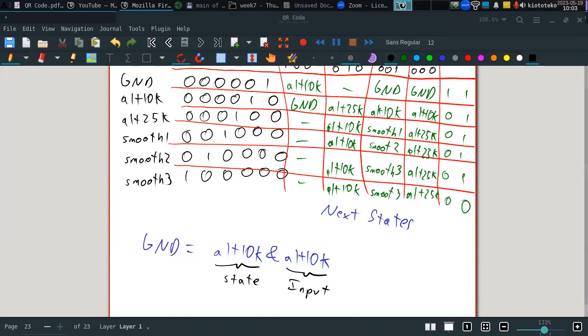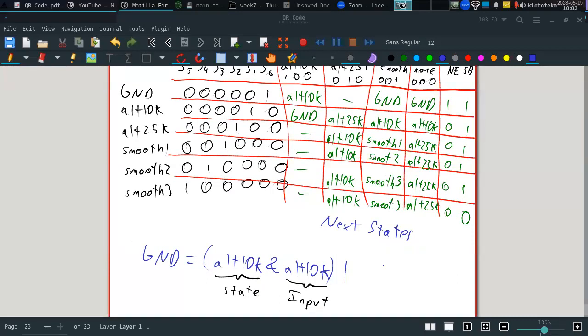But not only that happens, no? Or where you're in ground and you receive the none signal, or the smooth signal, no? Which in the inverse logic would mean that when we don't receive the Alt 10K signal, and not Alt 10K.